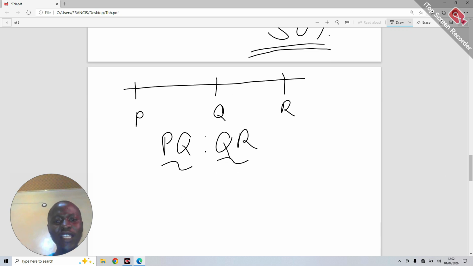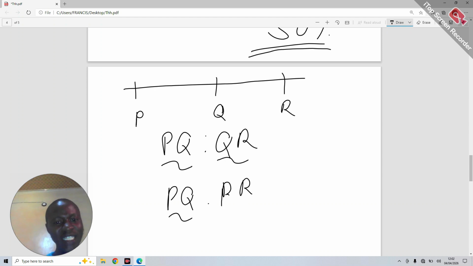Someone can also use vector PQ with vector PR, which is right. But now you will find that those 50% of the learners rely on something in this concept, which I want to show you right now. So let me erase this.